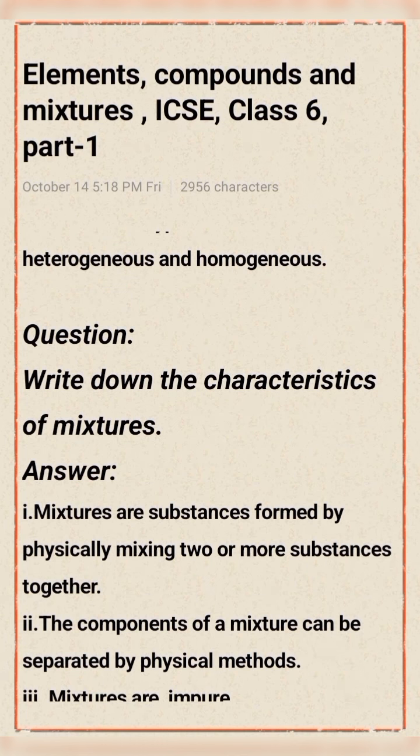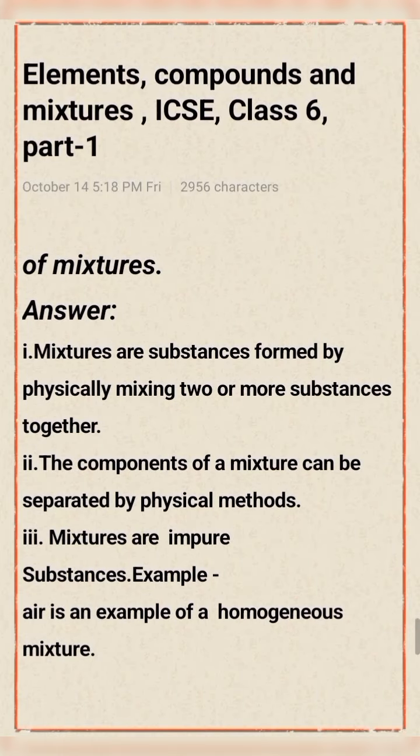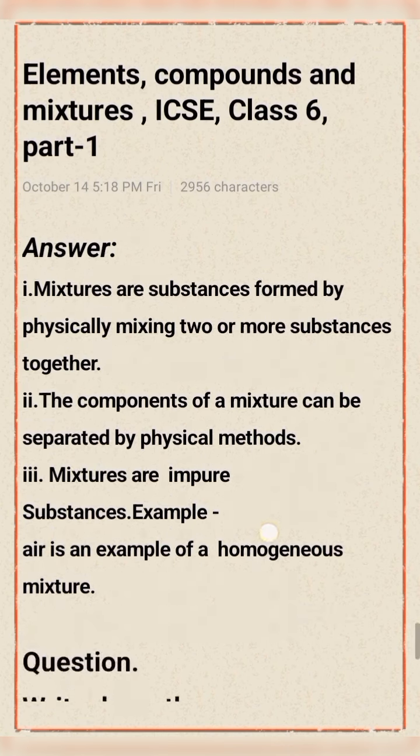Next question: write down the characteristics of a mixture. Mixtures are substances formed by physically mixing two or more substances together. Components of a mixture can be separated by physical methods. Mixtures are impure substances.